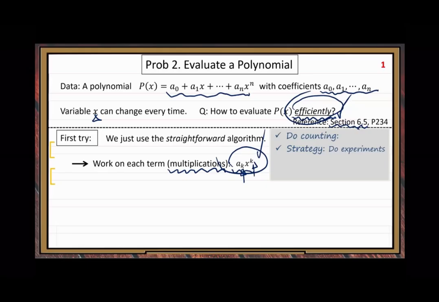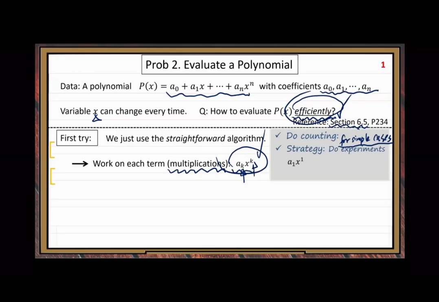Do experiments for simple cases. When we do experiments, it's better we consider the simple cases first. That's easy. So when we start, we want to work on the easy cases. All right. So let's do some work.